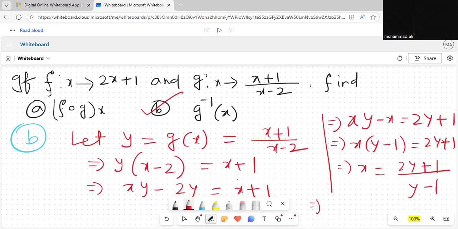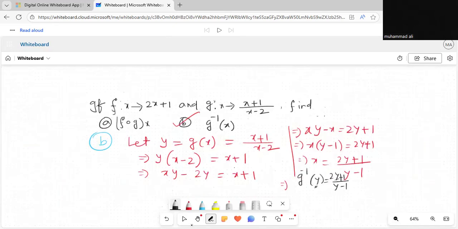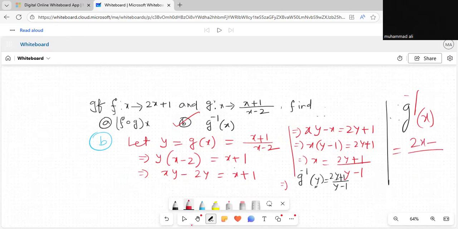Finally, instead of x, we can write here g inverse of y equals (2y plus 1) divided by (y minus 1). So if we put here x, we have to put here x. So finally, you can write g inverse of x equals (2x plus 1) divided by (x minus 1).